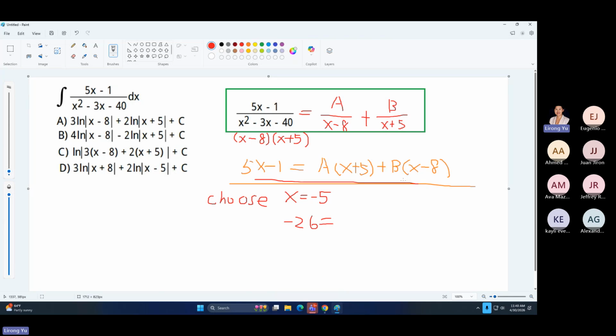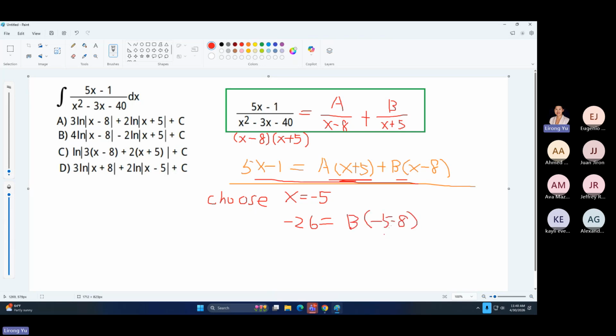On the right side of the equation, when x equals -5, x plus 5 equals 0. So this is A times 0 plus B times (-5 minus 8). So this will be 0. That one is B times (-5 minus 8).